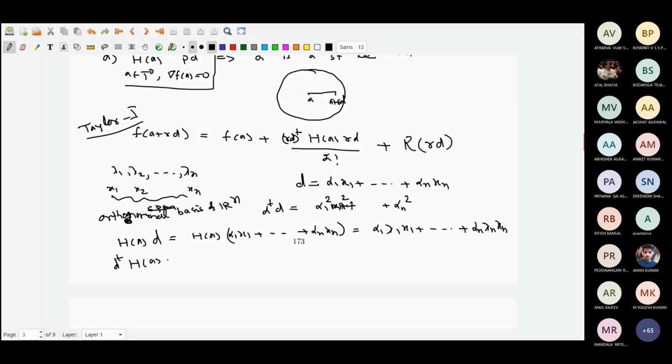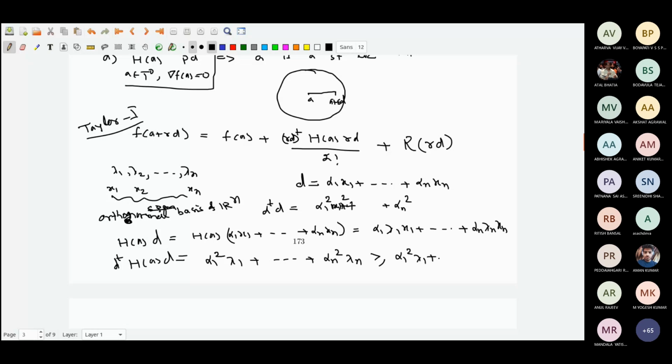I just have to multiply by alpha 1 x1 and so on, so that will give me alpha 1 square lambda 1 plus dot dot dot plus alpha n square lambda n. In a similar way, xn norm square is equal to 1.